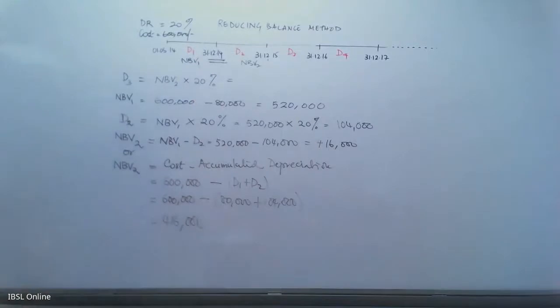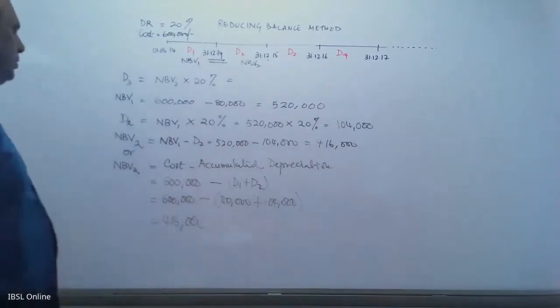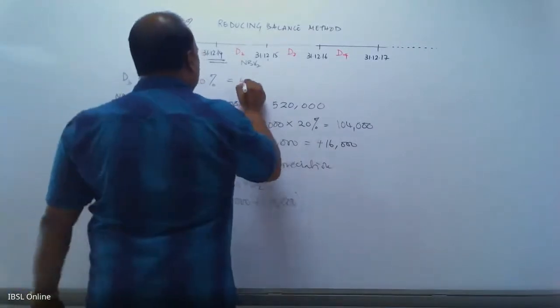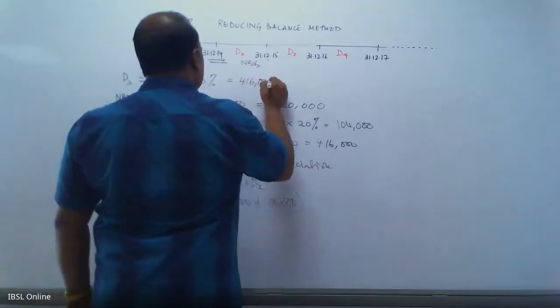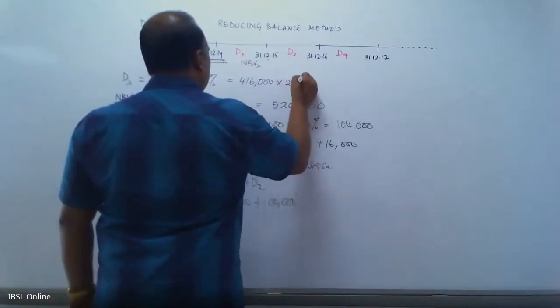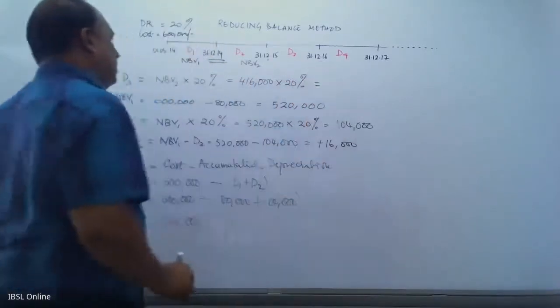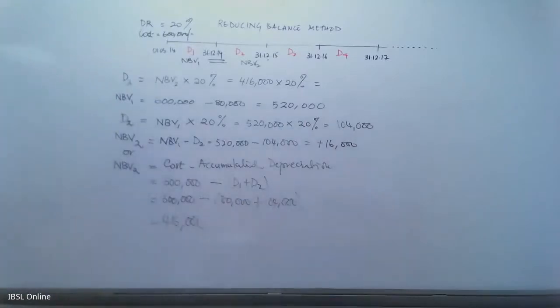NBV2 is 416 into 20. So how much is that?